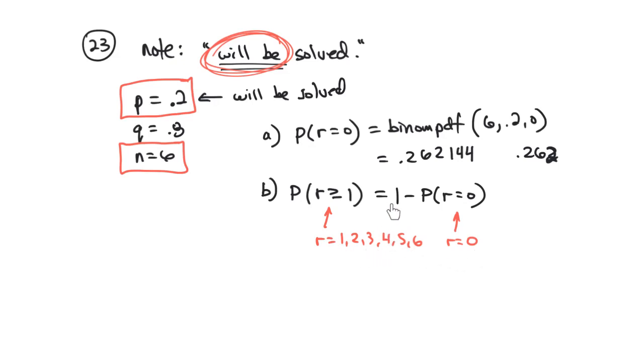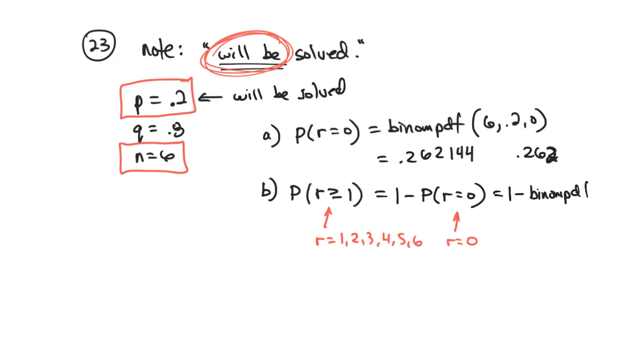So that's why we do this complement rule. Whenever it's a greater than or equal to or greater than, we need 1 minus. Remember? Greater than or equal to, we need 1 minus because binomial CDF doesn't let us start at 1 and go to 6.